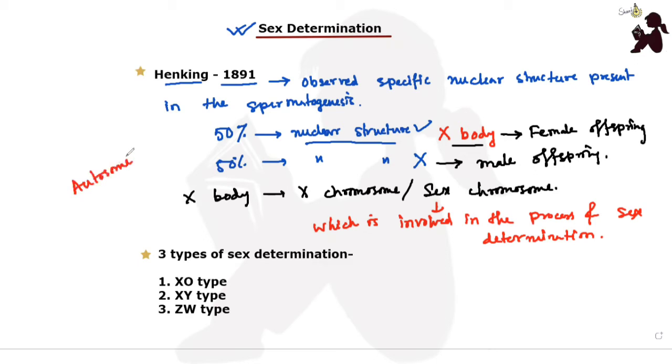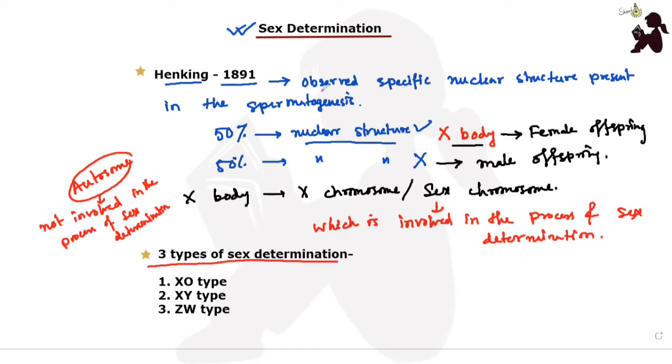So autosomes are chromosomes which are not involved in the process of sex determination.